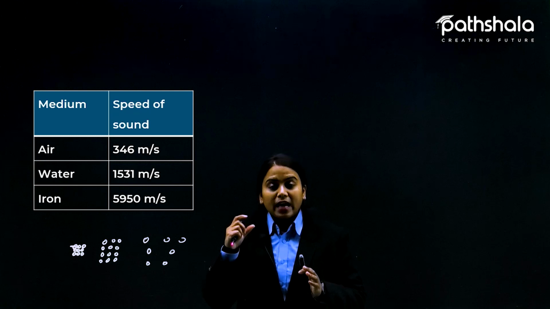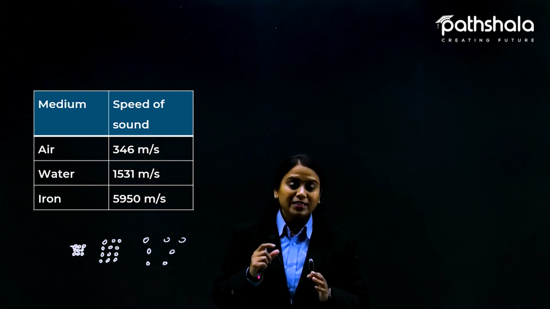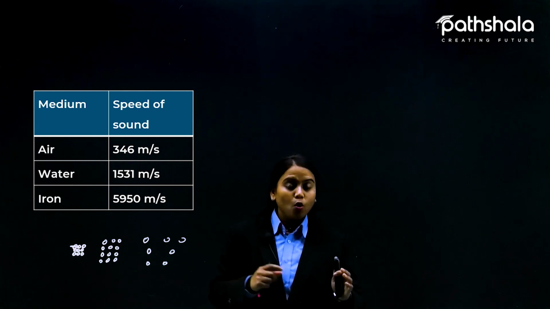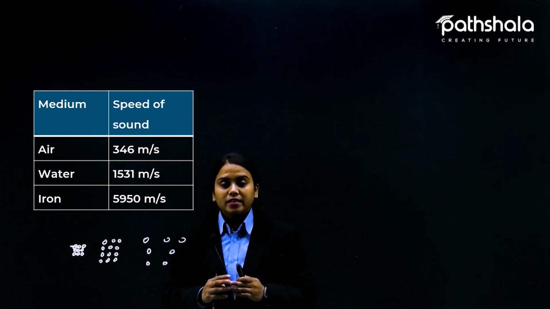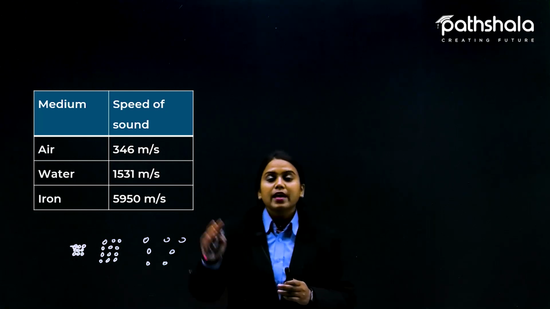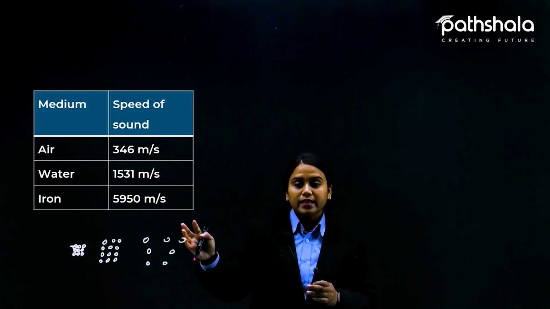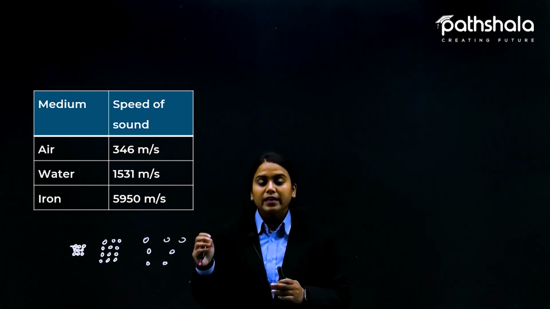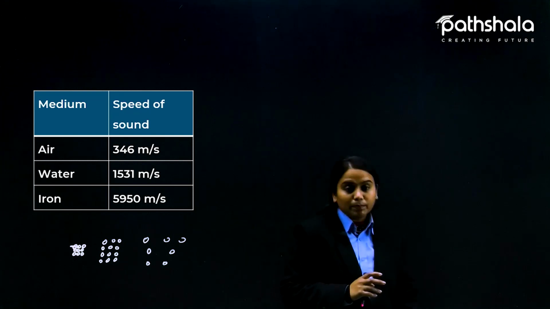So we can identify that if in air the speed of sound is that fast, what will be the speed in water and iron, that is the solid. So here is the comparison between all the mediums, and this is the reason we can say that the speed of sound also depends on the medium.